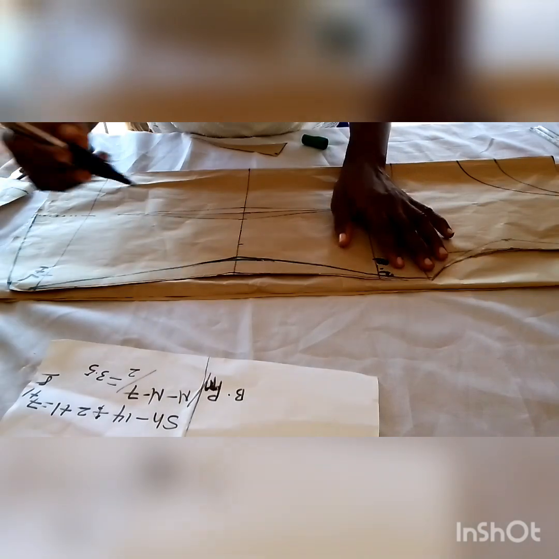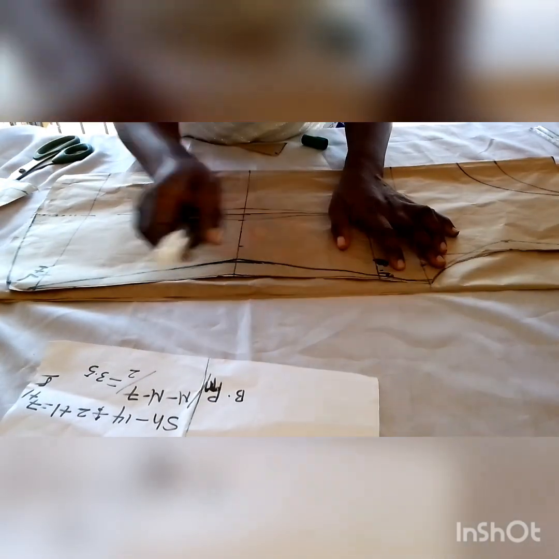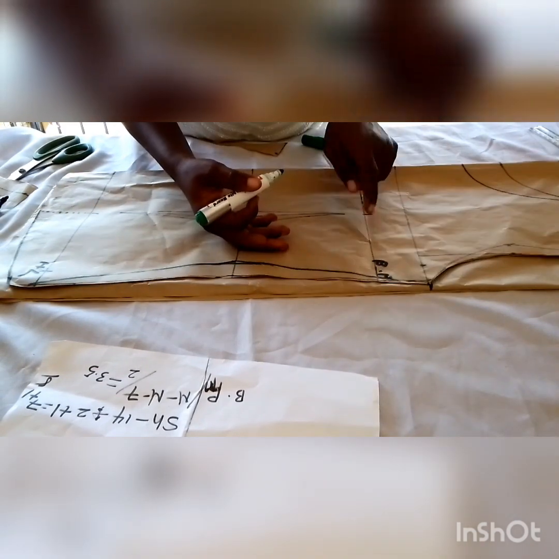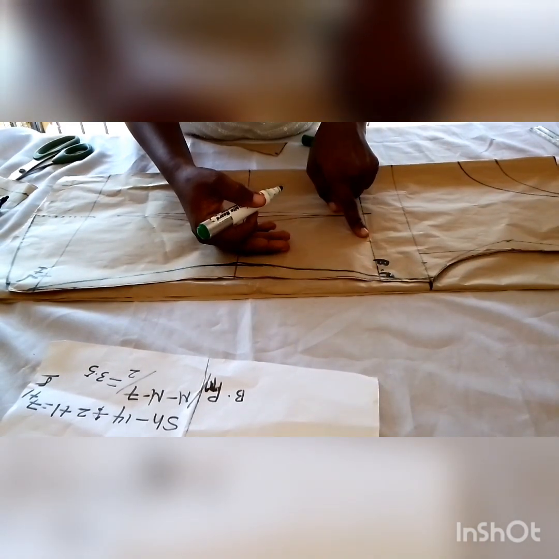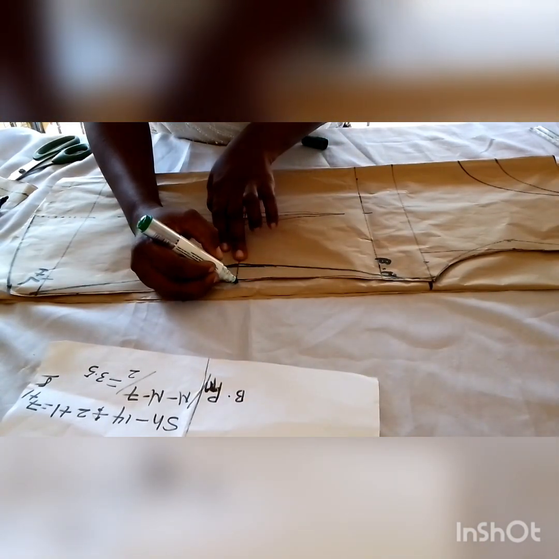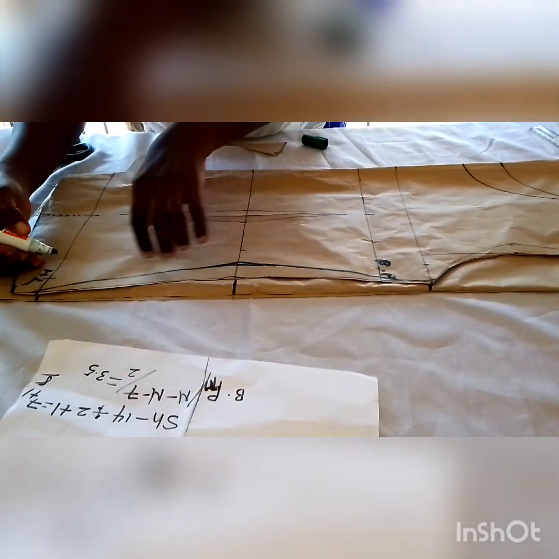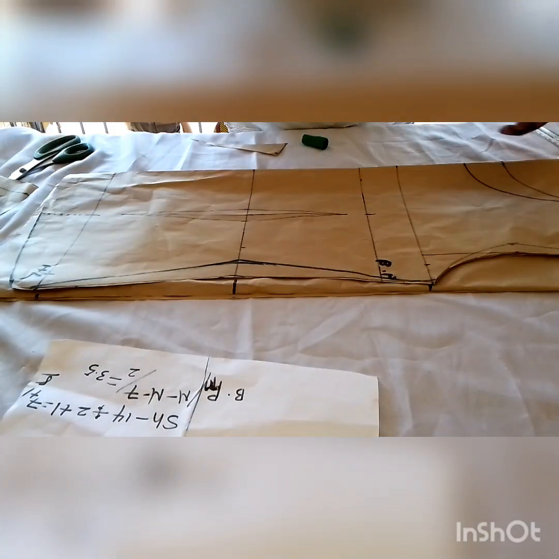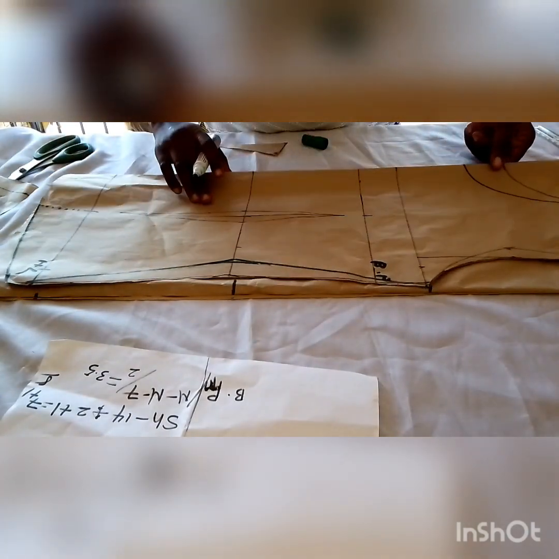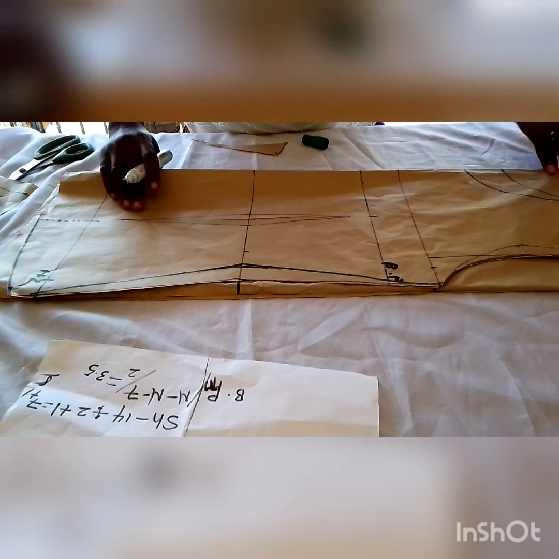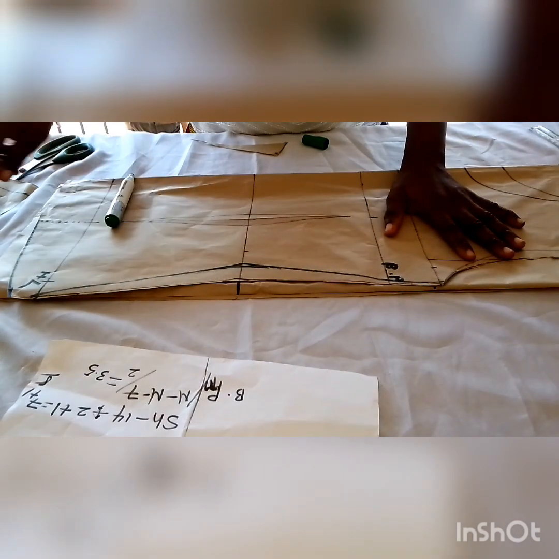So I use the front to cut the back. The lines I will be needing for the back now is the chest line. I don't need the bust point. I will need the waistline and the hip line. There's no bust at the back, so I don't really need the nipple points and the bust line. So I'll cut the armhole together right now.